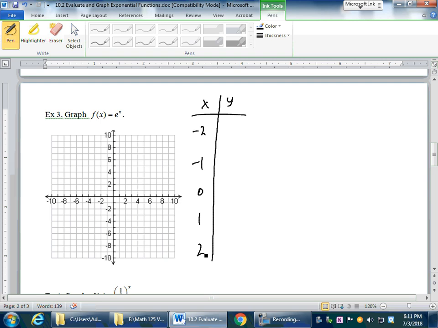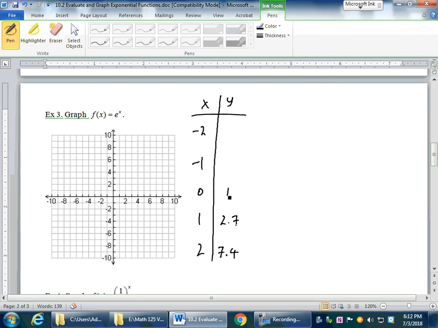So for this case, I'm gonna calculate e to the second power. That gives me approximately 7.4, only 1 decimal place. E to the 1 power, that will be 2.7 approximation. E to the 0 power is 1. Okay.